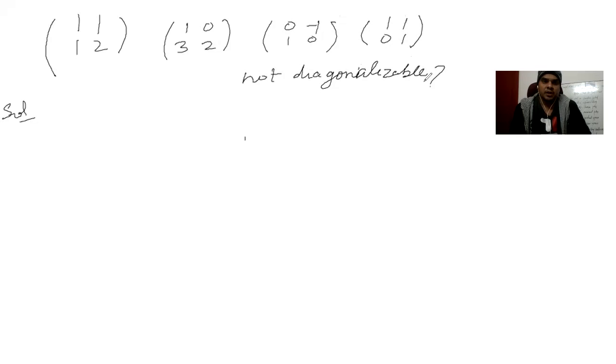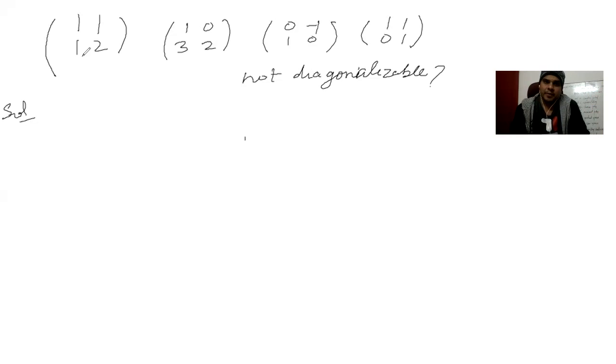Okay, so if we talk about the first matrix, we are first trying to find out the eigenvalues. If the eigenvalues are distinct, then we'll say that the matrix is diagonalizable.